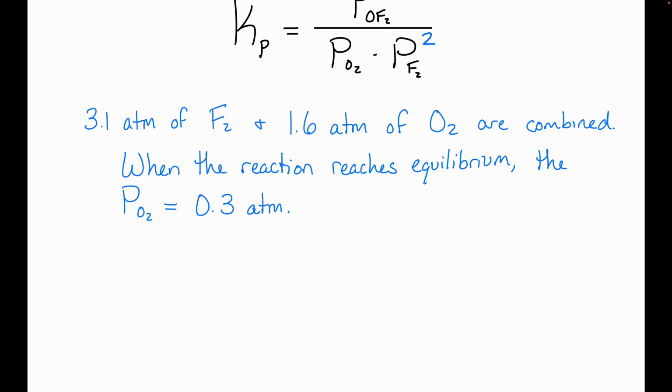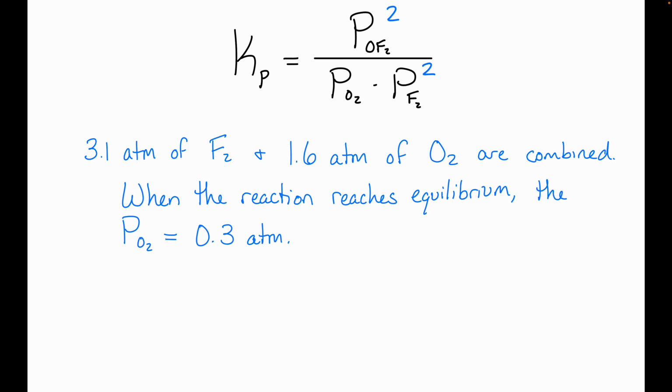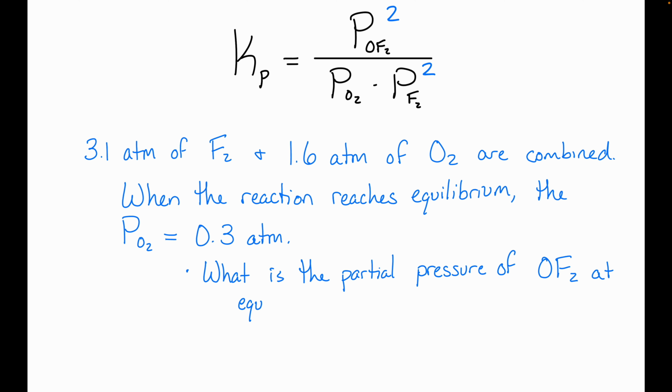All right, so we're given some initial conditions here, and then we're told at equilibrium what the pressure of oxygen is. And what we want to know is what is the partial pressure of our product at equilibrium, but also, what is the value of that equilibrium constant?